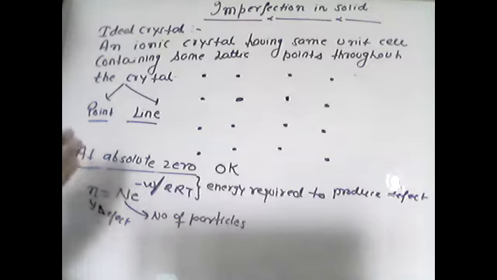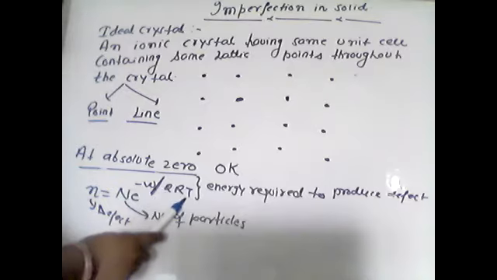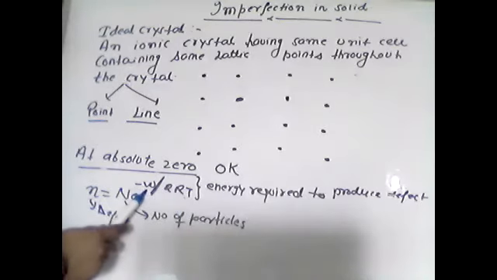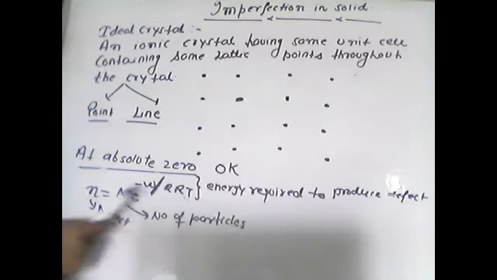Different types of defects are created in an ionic solid. We have the relation small n is equal to capital N e raised to the power minus W by 2RT. W is the work function, R is the gas constant, T is the temperature, small n is the number of defects, and capital N is the number of particles.